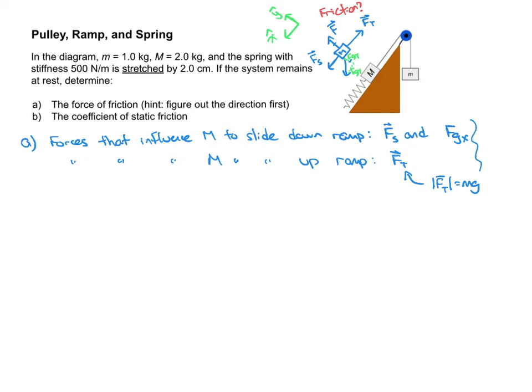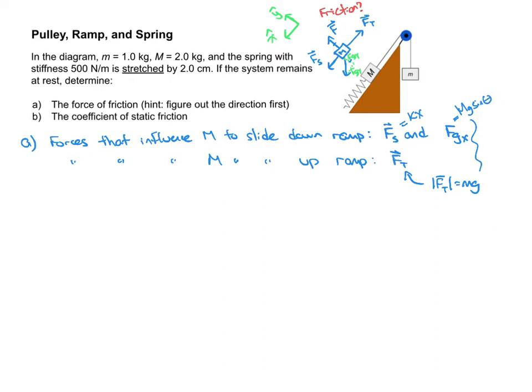The force of the spring is going to equal k times x. And the x component of gravity is going to be mg sine of theta. Okay, so I can compare these things and see which one's bigger, and that'll tell me which way friction points.